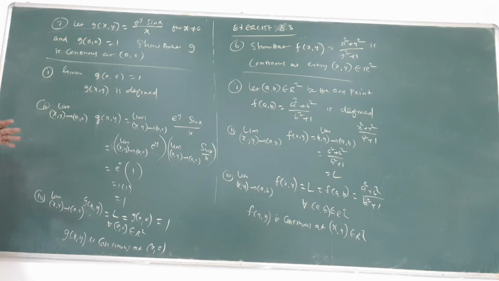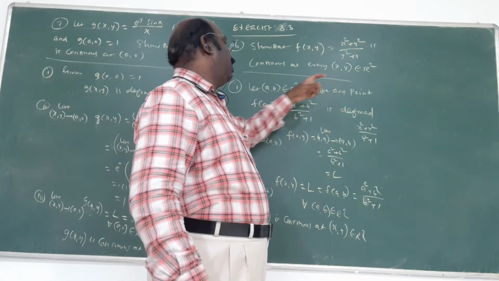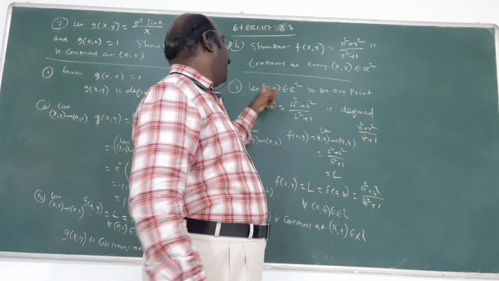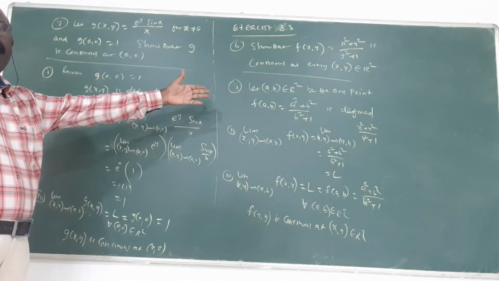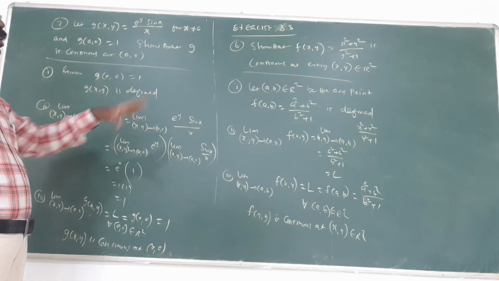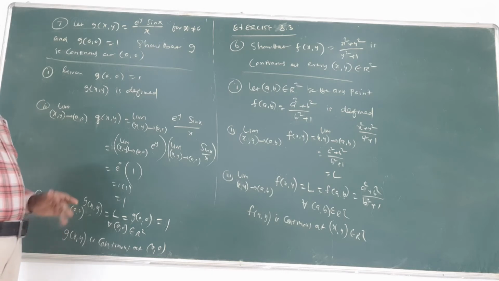Same concept. But here generally (x, y) is given, so you assume any point and the point is (a, b). But if the particular point is (0, 0), then (a, b) is (0, 0). The same concept. Only 2 problems are exercise. The remaining 2 problems are example problems. Refer the book. This exercise is completely over.